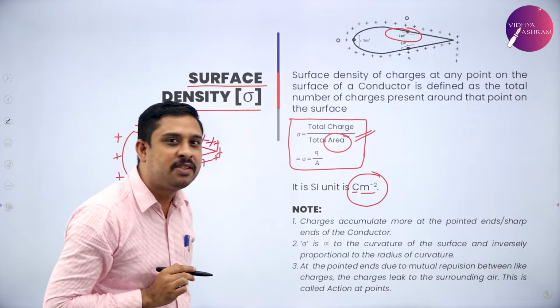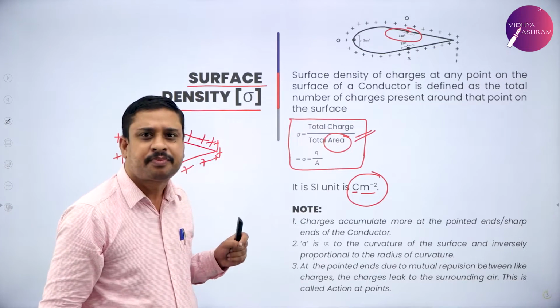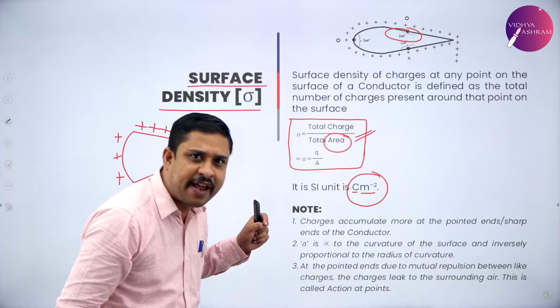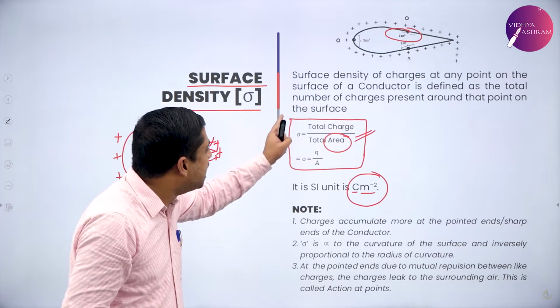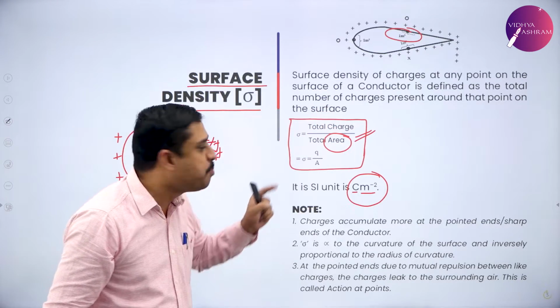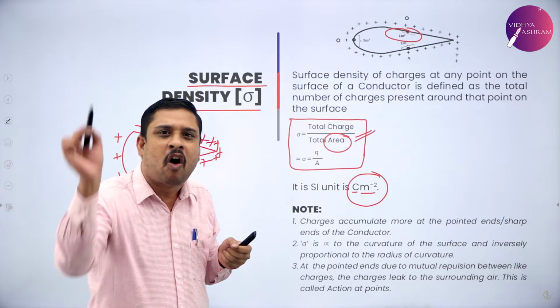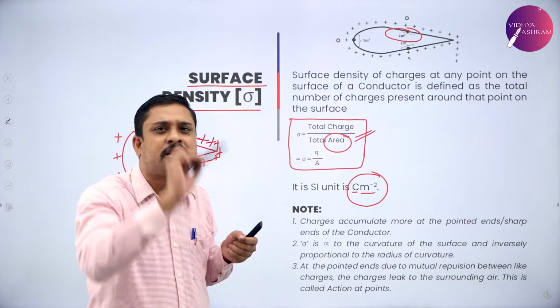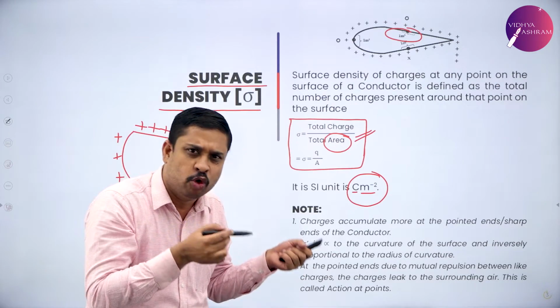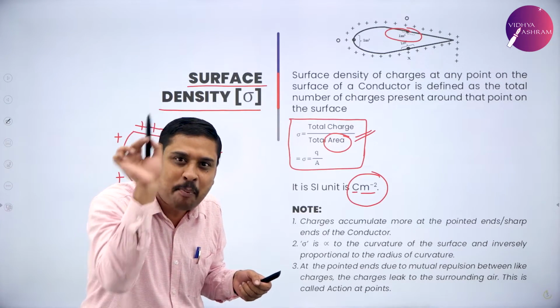So my dear friends, again to understand, sigma, which is surface density, is always total charge divided by total area, which means on the surface of a conductor anywhere, maybe uniform surface, non-uniform surface, consider a point.